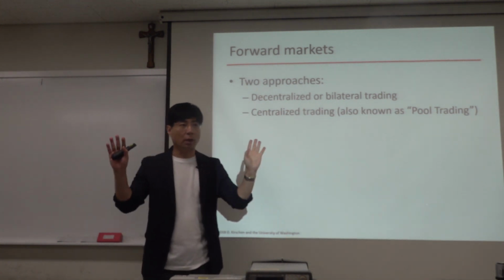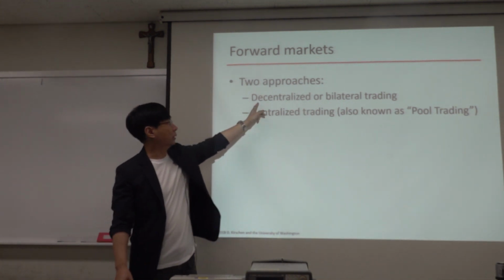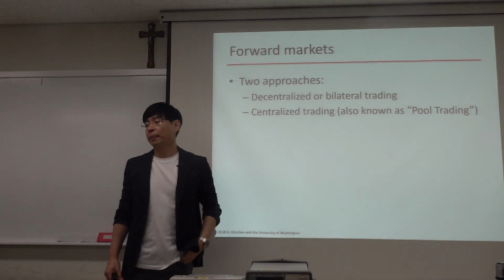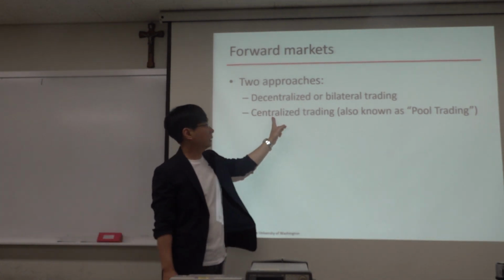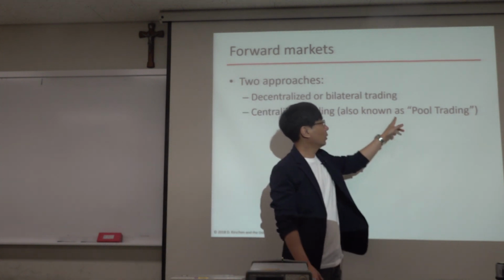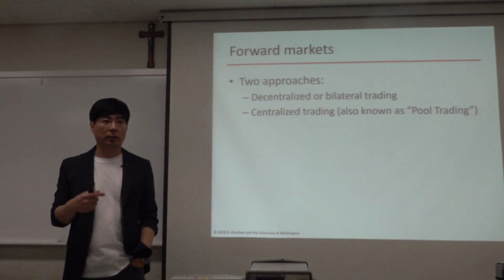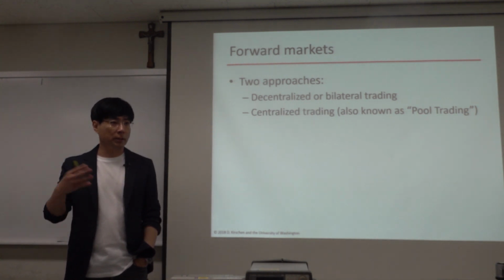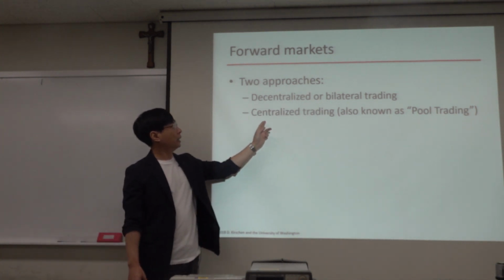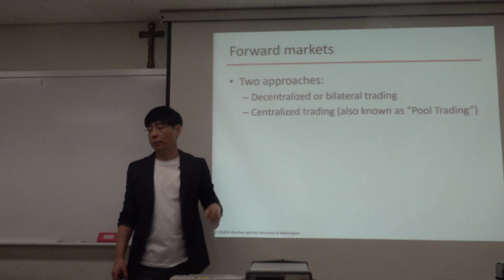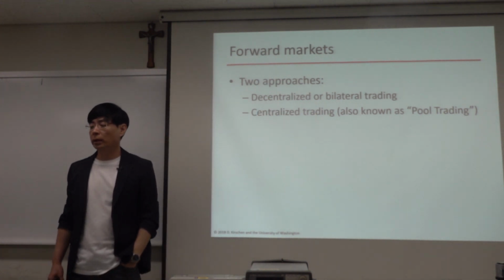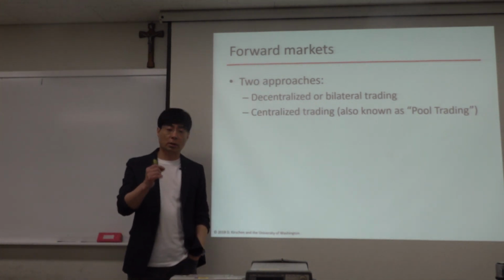So there is no official price in this decentralized market. By contrast, centralized trading, known as pool trading, has the system operator determine the market price. That's the key difference.